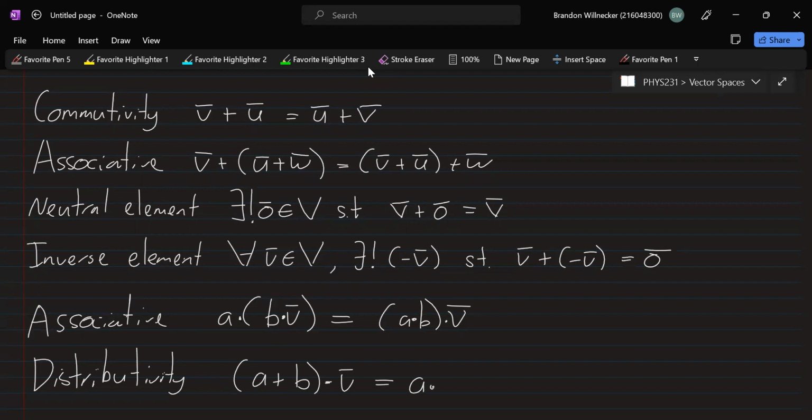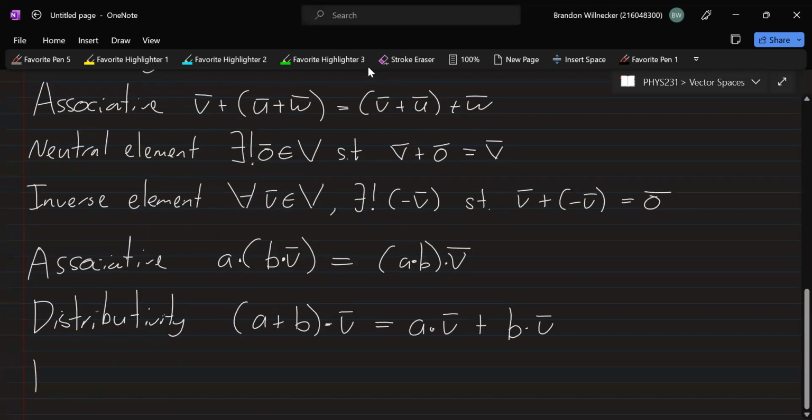So that would be A times V plus B times V. We see that this addition on the left-hand side was between scalars, so that's the addition between complex numbers. And on the right-hand side, the addition becomes addition between vectors, because A times V and B times V are both vectors. So we see how they are playing nice with each other.